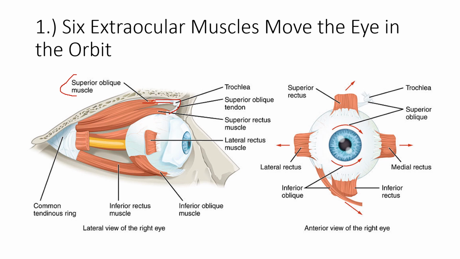I have added in the eye movement website on your class page. So you can play around with that and really get an idea of what that's doing. It's interactive and you can move it around and really see what's going on there with the superior oblique. I think that's the best way to do that.